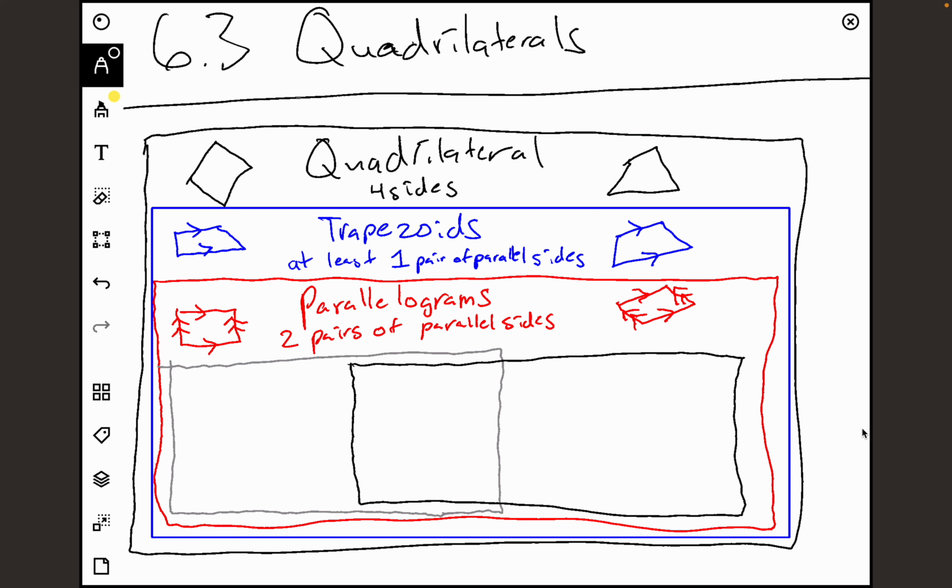This is going to be rhombus. Does anyone know what a rhombus is? What makes a rhombus a rhombus? Does anyone know? Yeah, it can be that way. What makes a rhombus is it has four congruent sides.